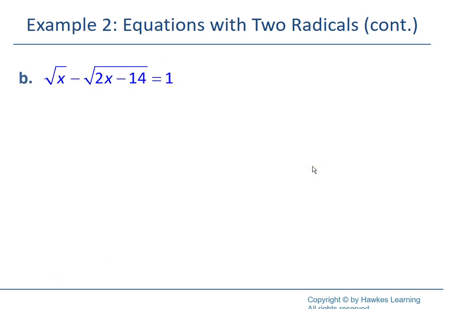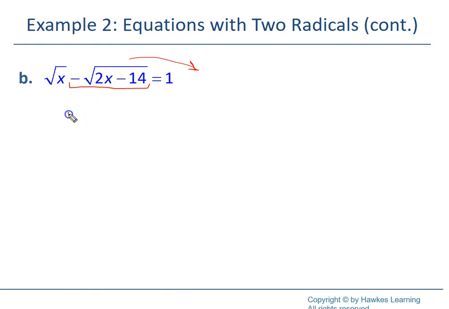Now, here it gets a little tricky, and this one will take some time to work it for you. But again, the technique is to isolate one of the radicals. So we're going to take this and transpose it to the other side, where it just changes the sign.